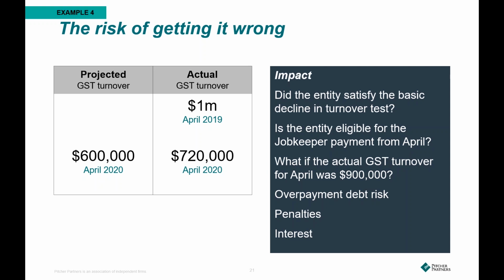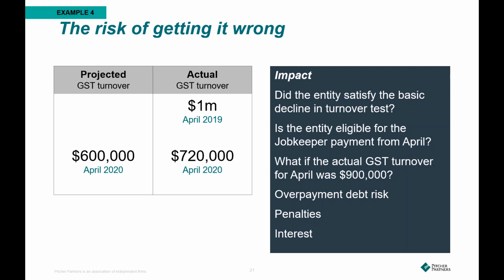What happens if we get to May and that entity determines that its actual GST turnover for the month of April turns out to be $720,000 instead of the projected $600,000? Does the entity still satisfy the basic decline in turnover test, and is it eligible for the JobKeeper payment from April onwards?